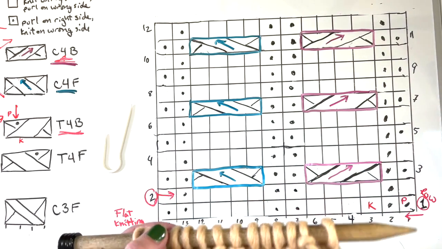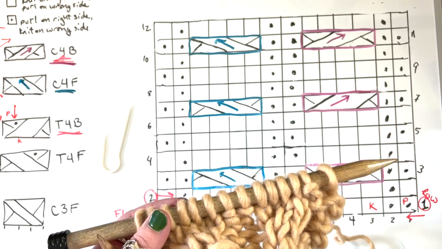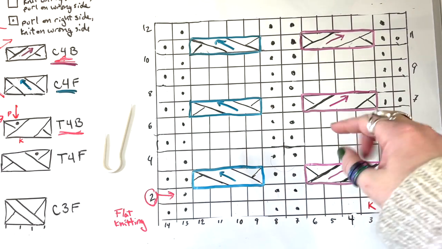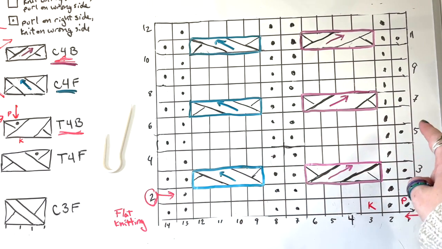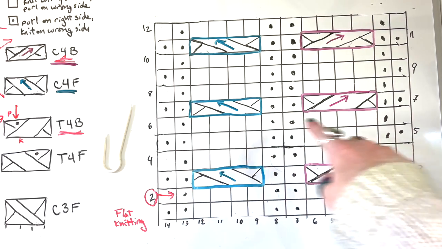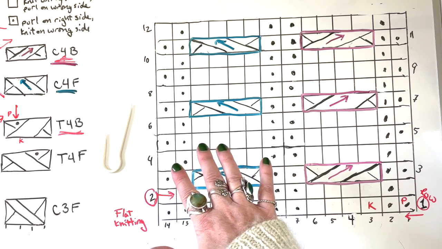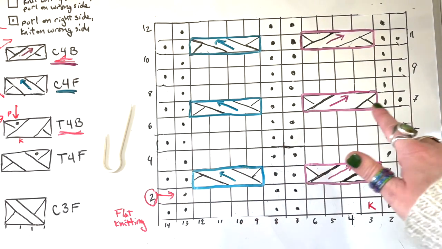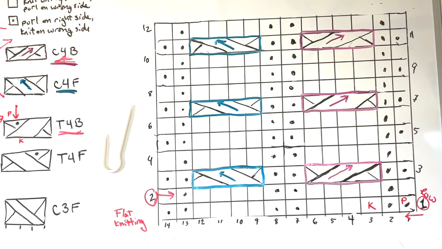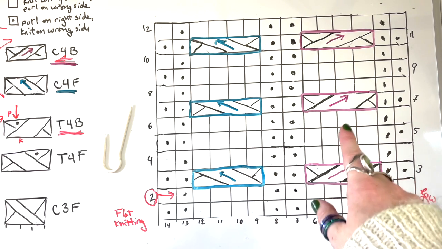And now we're going to set them in place. If I read this chart correctly, I just did row 4. I have row 5. There's no cables in it. I'm just going to follow the instructions for where knits and purls go. Row 6, I'm going to follow the instructions for where on the wrong side my knits and purls should go by flipping everything. Row 7 has cables again.